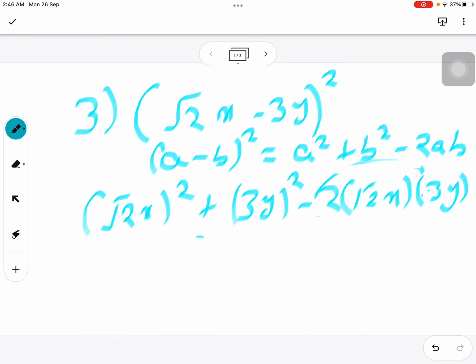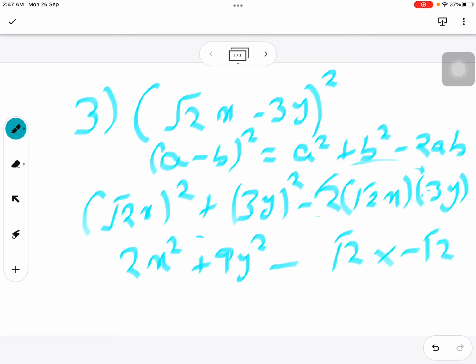Okay, let's get back to this. So that will be 2x square plus 9y square minus root 2 is basically an irrational number. An irrational number into a rational number cannot be further simplified unless they are the same or conjugate. This I'll cover in the subsequent classes. I'll quickly tell. Suppose the conjugate of root 2 is minus root 2.